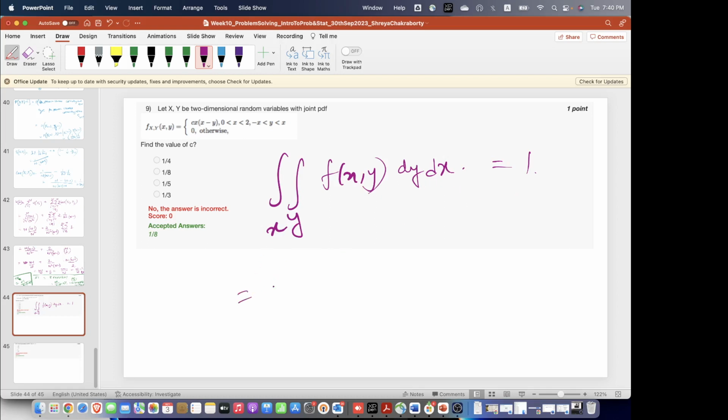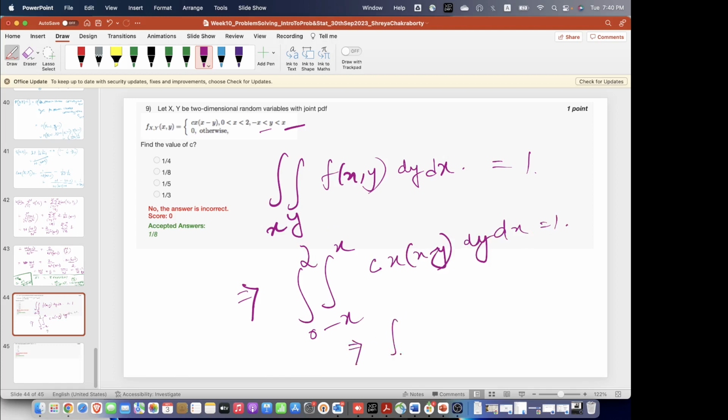So we can write y ranging from minus x to plus x, and x ranging from 0 to 2. We have the integral of c x (x minus y) dy dx equal to 1.